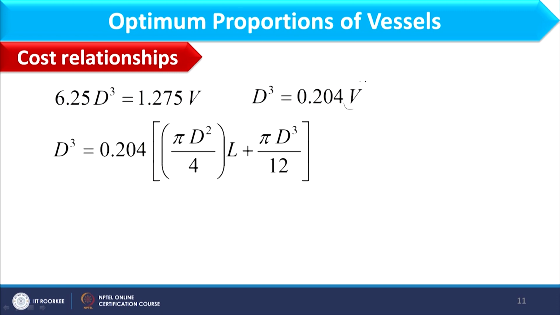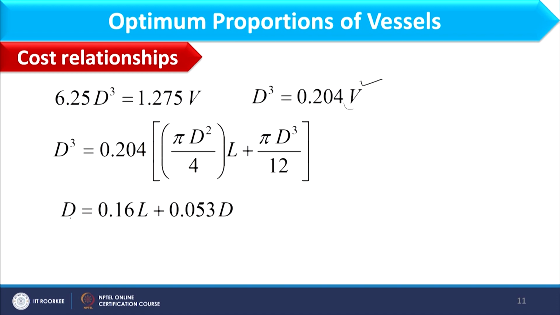This V expression I already know as the volume of the cylinder plus twice the volume of the head, as we have seen earlier. So, that expression of V we can put over here. D cube will become 0.204 bracket pi D square by 4 L plus pi D cube by 12.